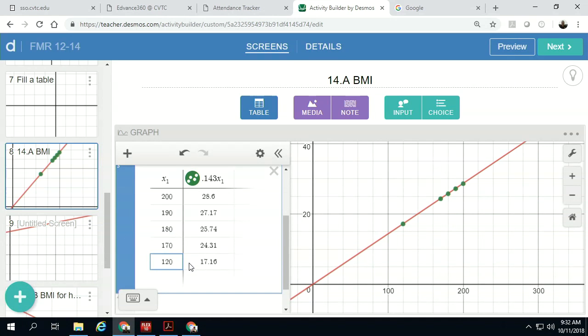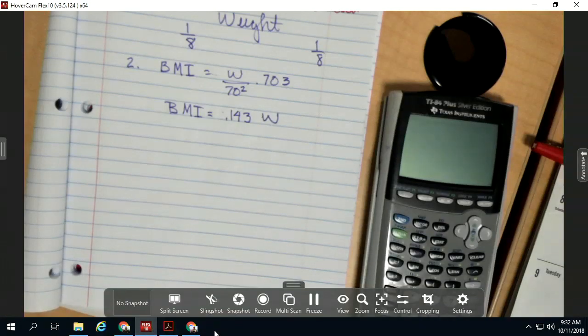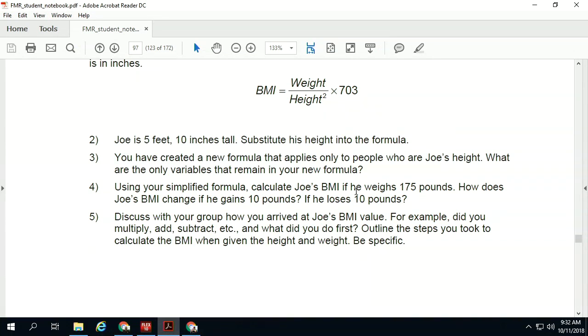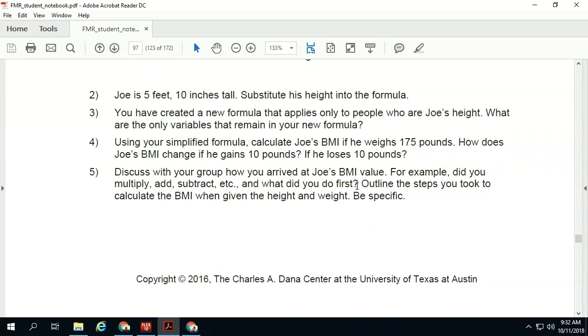So anyway, you see how different weights can help you determine how to adjust your weight in order to find a BMI that's appropriate for you. So let's go to number 3 then. What did you get? The only variables that remain in your formula are weight and BMI, right? So if he weighs 175, what do you get for a BMI?